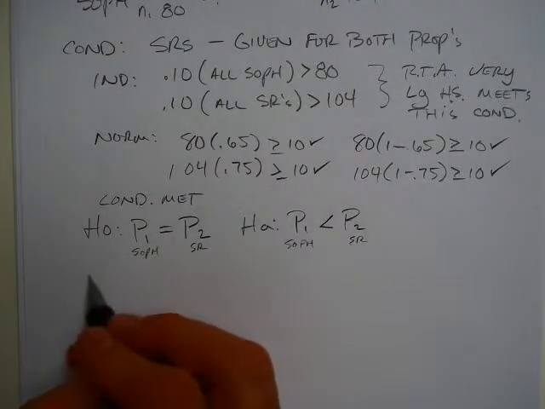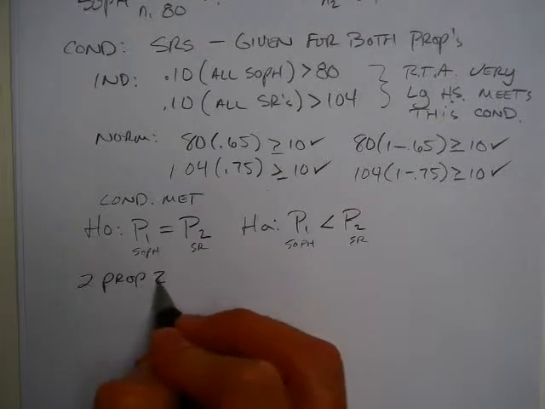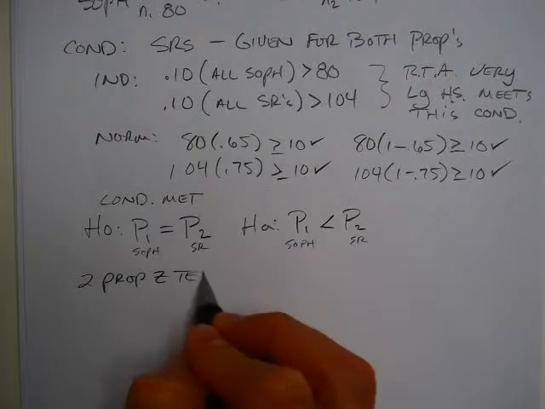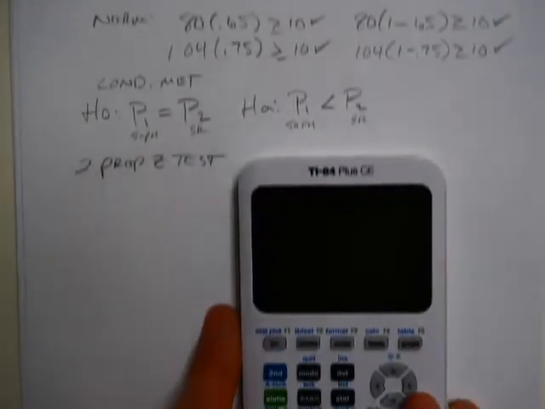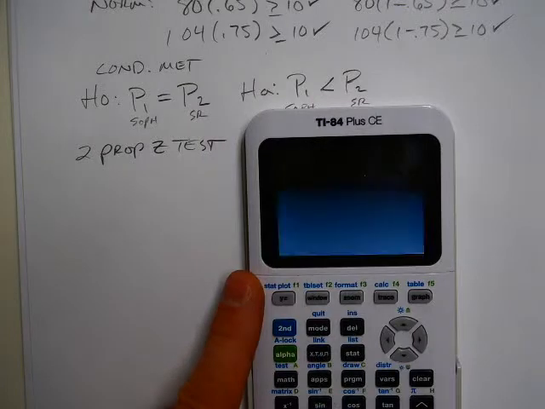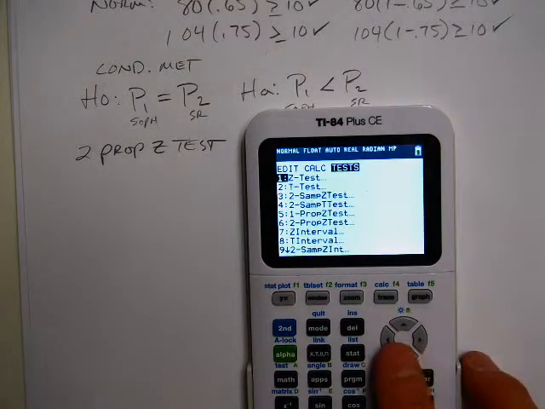So I'm going to go to the two-prop z-test. Go shopping in the calculator. Find my calculator. I need to go shopping for a calculator. So stat, tests. We want the two-prop z-test.